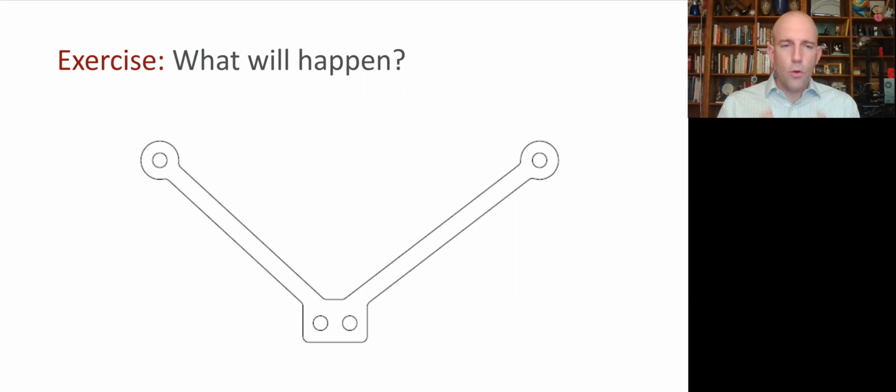And imagine, how will the part deform? And if you pull hard enough, how will it break? So run that mental simulation in your head for a minute or so until you've got a confident guess. Debate it a little bit with your exercise partner, and then come back.